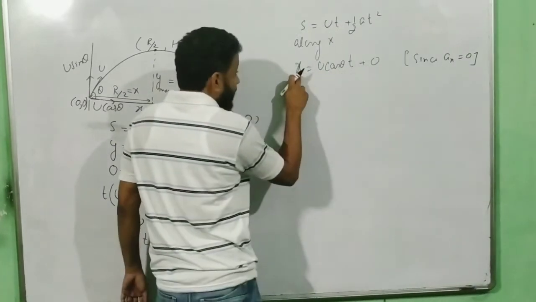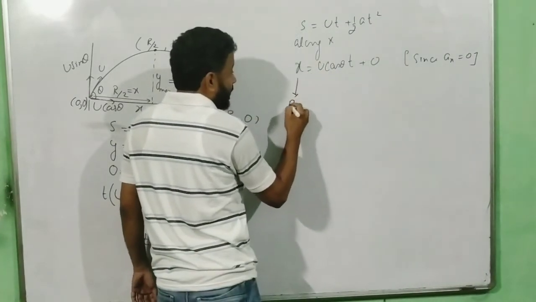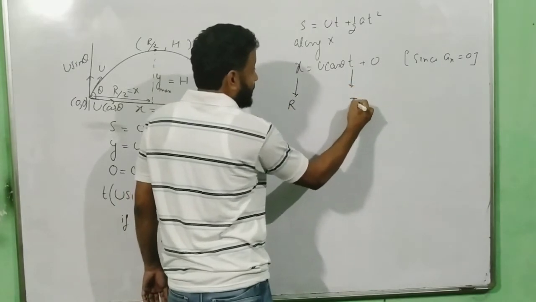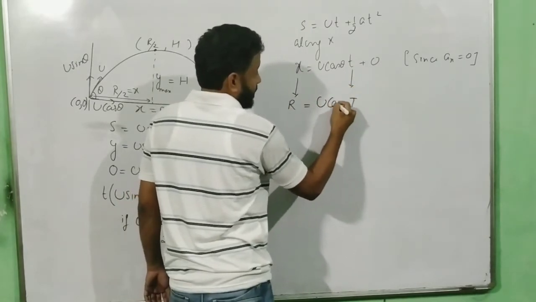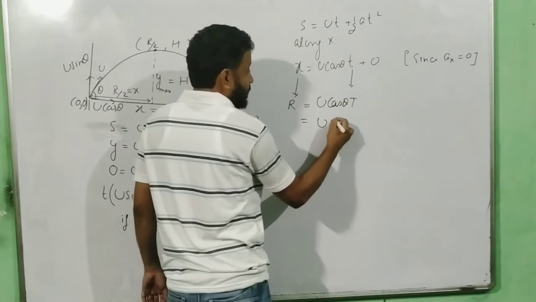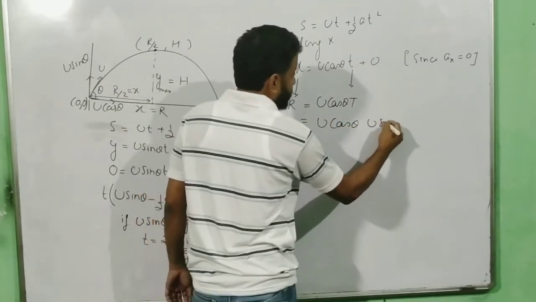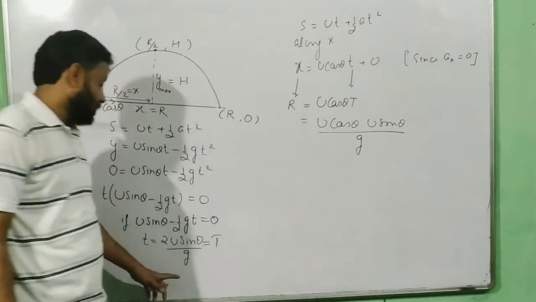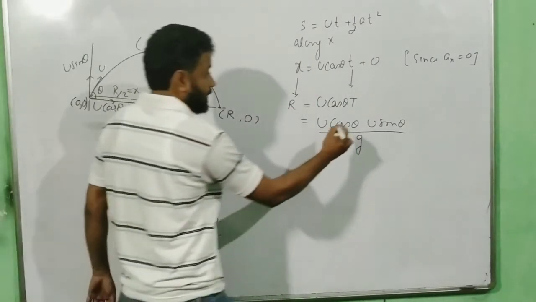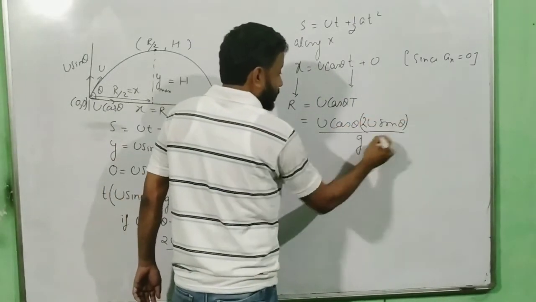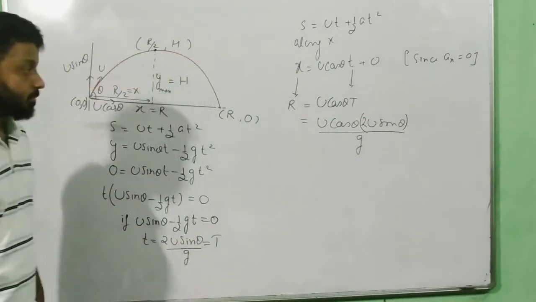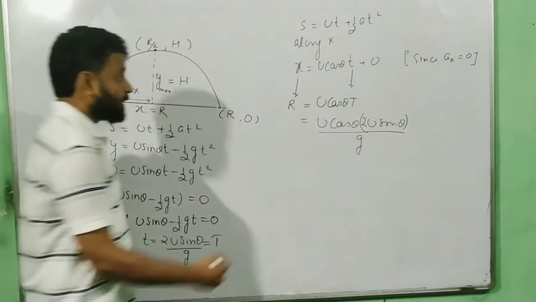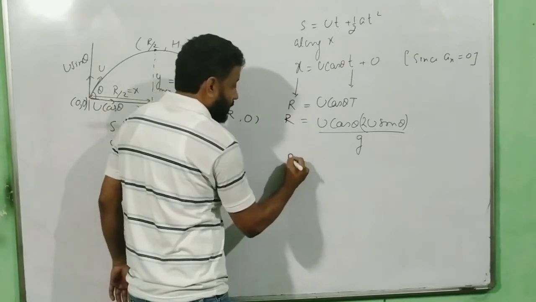If I have to find r, remember I have to put the time as capital T. So r is equal to u cos theta into 2u sin theta divided by g, when you put the value of time as 2u sin theta divided by g. Okay? And then you can simplify beyond this, but I don't like that formula.